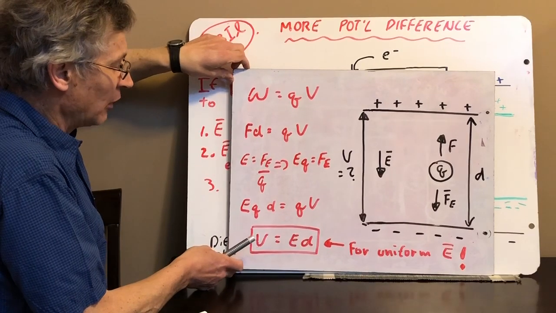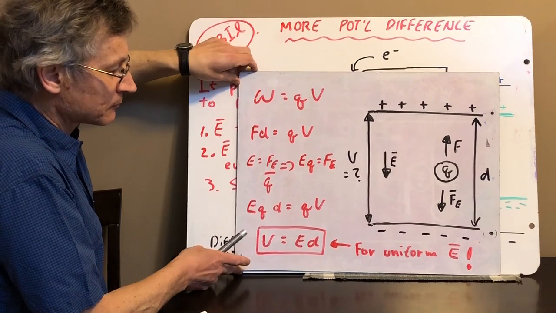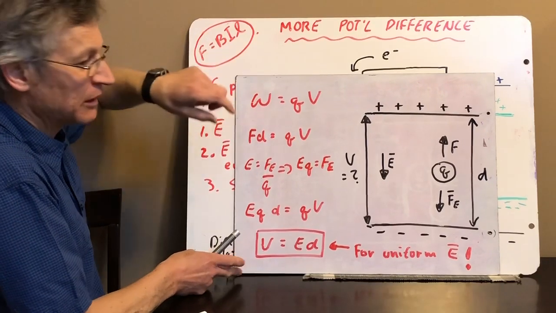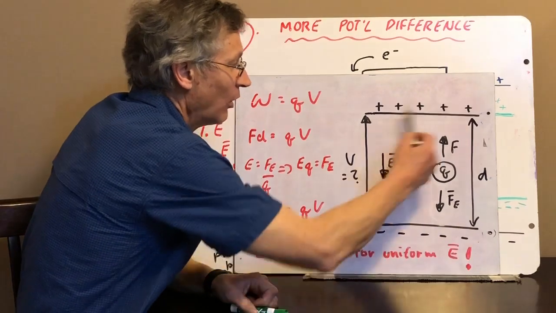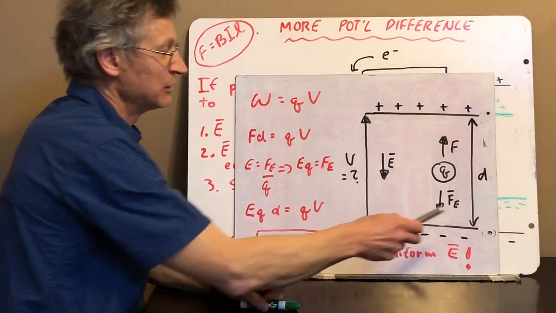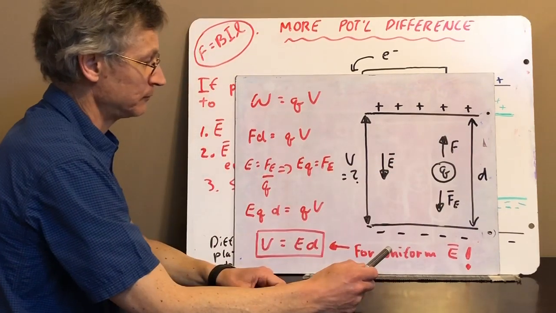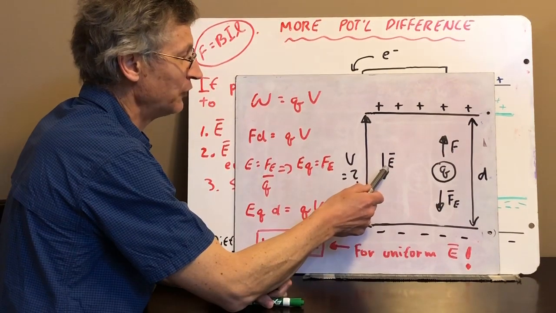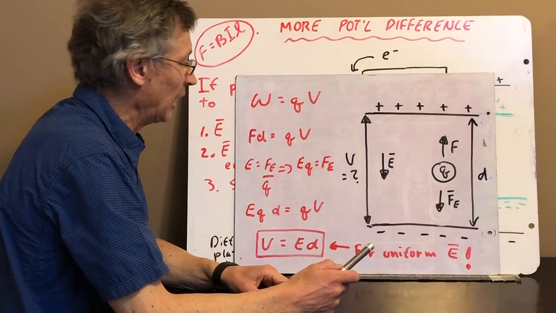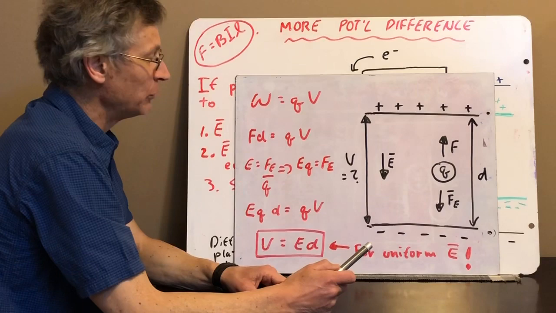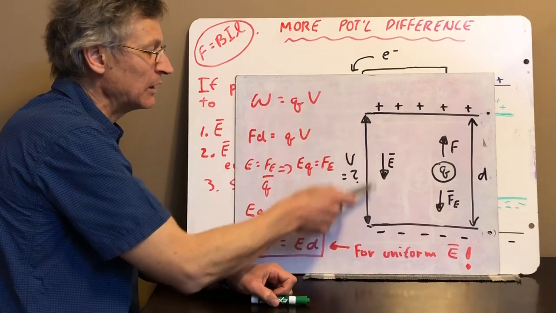This is something we looked at yesterday, and we actually did this calculation yesterday. Okay, we had a pair of oppositely charged plates separated by some distance d. There's some electric field in between these plates, and what we want to do is calculate the potential difference in between these plates.